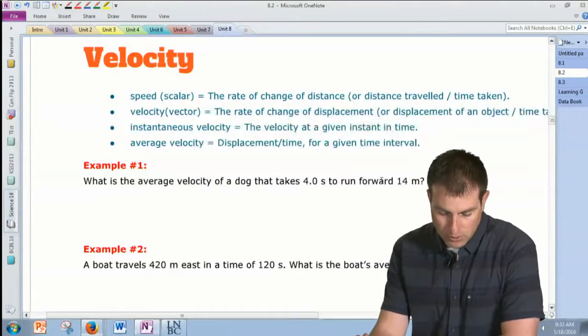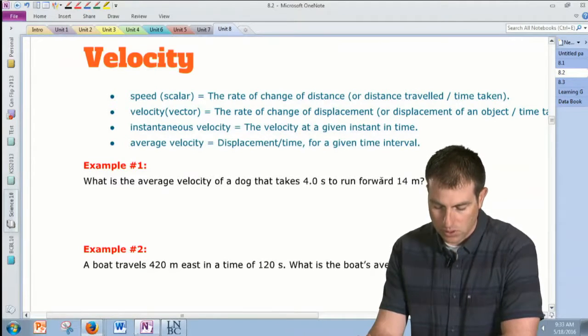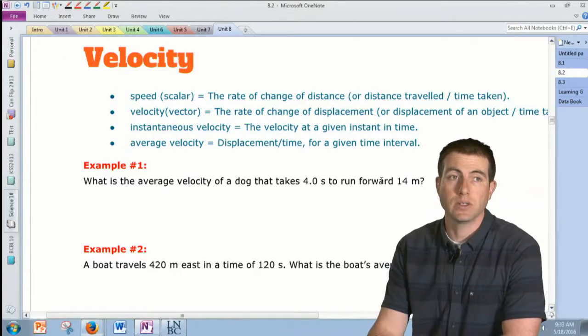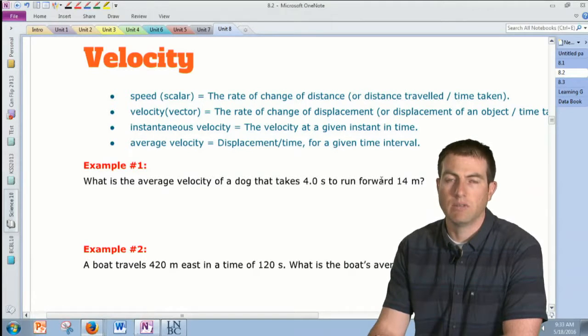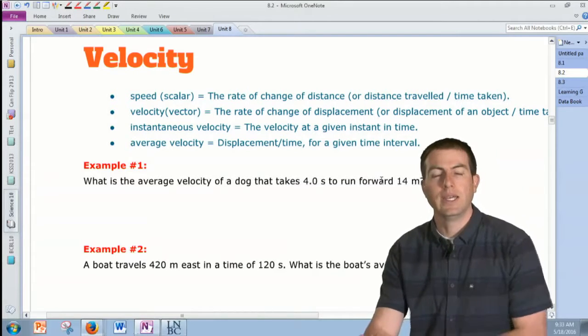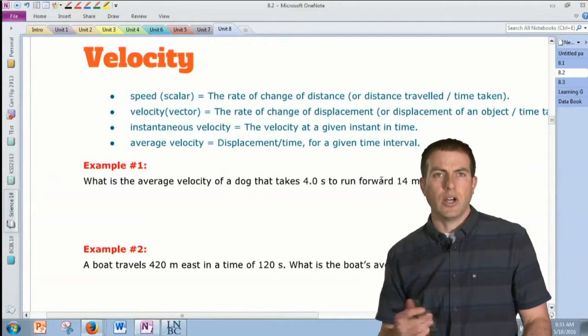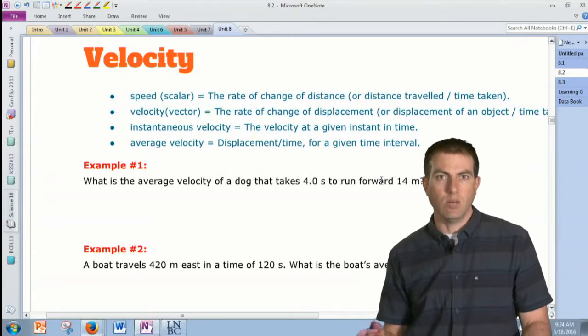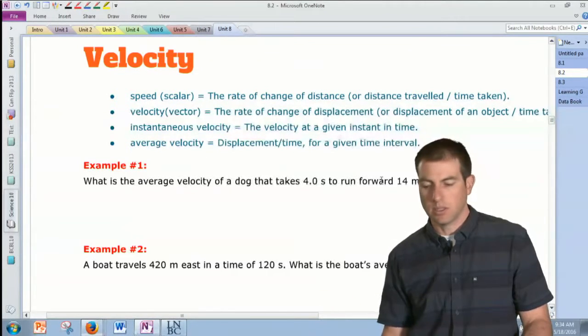So what is the average velocity of a dog that takes 4 seconds to run forward 14 meters? So the average velocity is how much distance you've traveled in a given interval of time, which sounds really confusing, but if you think about it, if I say I'm traveling 100 kilometers per hour, what distance am I traveling in what given amount of time?